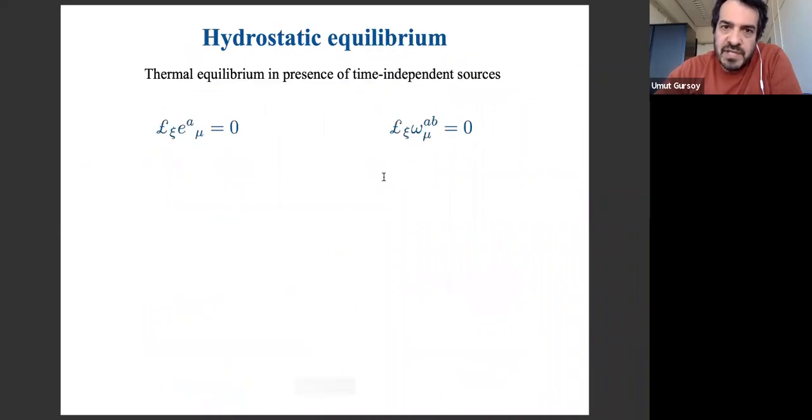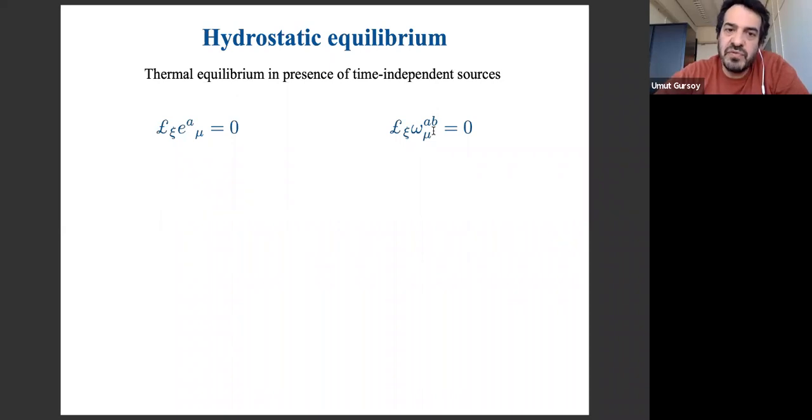And now let's derive the constitutive relations slowly. Let's first think of hydrostatic equilibrium. Let's have this system in mind and assume that there is some kind of thermal equilibrium in the presence of time-independent sources. That means essentially that the external fields and the spin connection should be invariant under time translations, right?